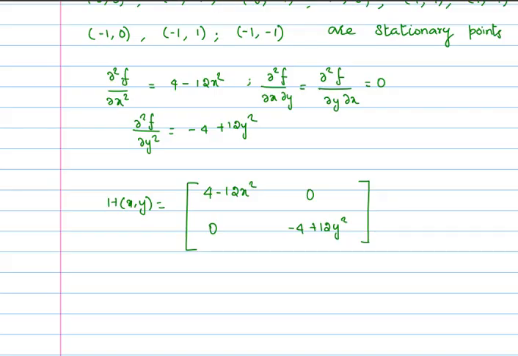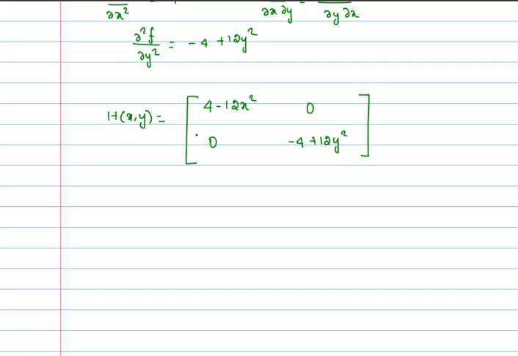Now I apply H(0, 0), my first stationary point. With x equal to 0 the first entry becomes 4, and with y equal to 0 the last entry becomes −4. It is a diagonal matrix, and the diagonal entries are the eigenvalues.